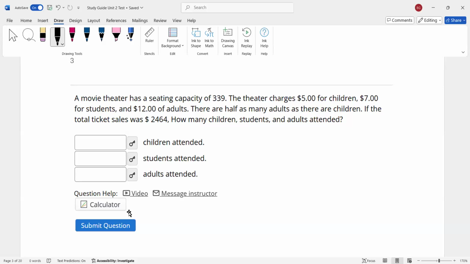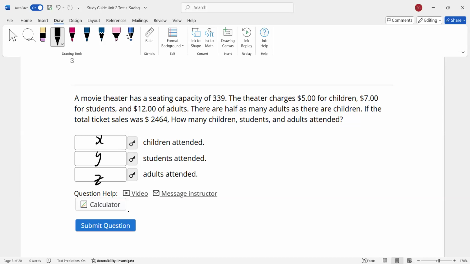Yeah, more children. If the total ticket sales was $2,464, how many children, students, and adults attended? We solved a similar problem. Yeah, this is the second time we see this type of problem. Okay, we are looking for x, y, z.